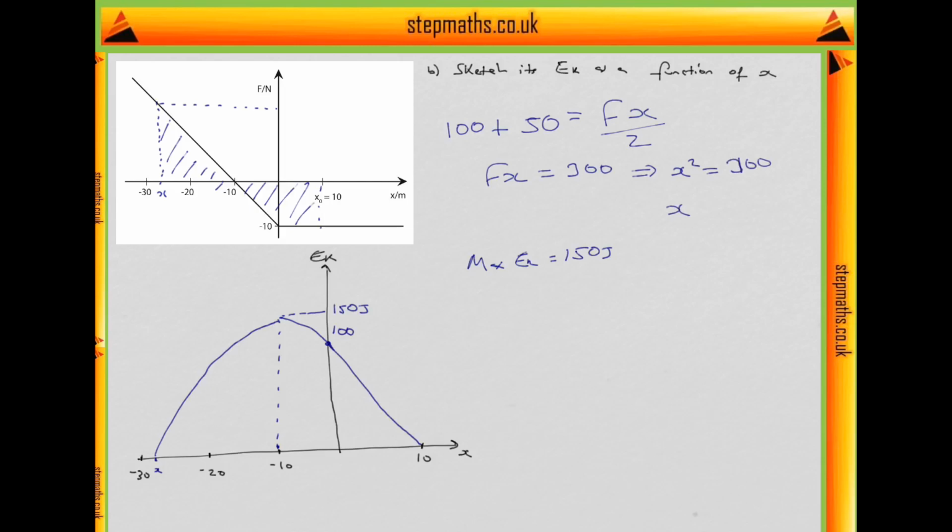And so x is equal to the square root of 300, which is approximately 17.3. But our x-coordinate wasn't the distance from here to here, it was the distance from here to here. So it's going to strike at 10 more than this, or minus 27.3. So this here is minus 27.3. And that is our graph of kinetic energy versus distance.